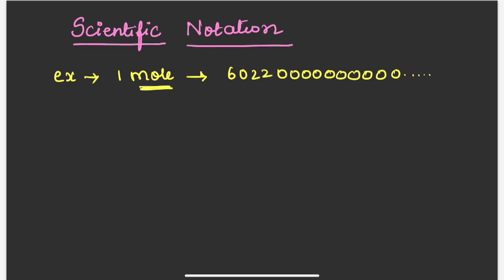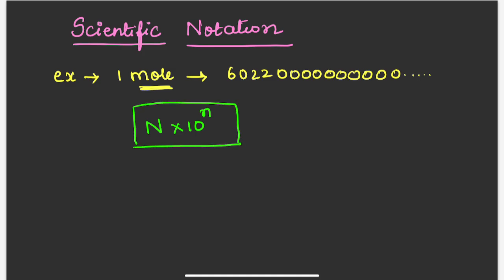So often for the calculation we can't be writing such huge numbers. It is very difficult. So in order to avoid this, scientific notation will be used. In scientific notation, we write the numbers in this form: N into 10 to the power of n. So this is the form we are going to write any number.